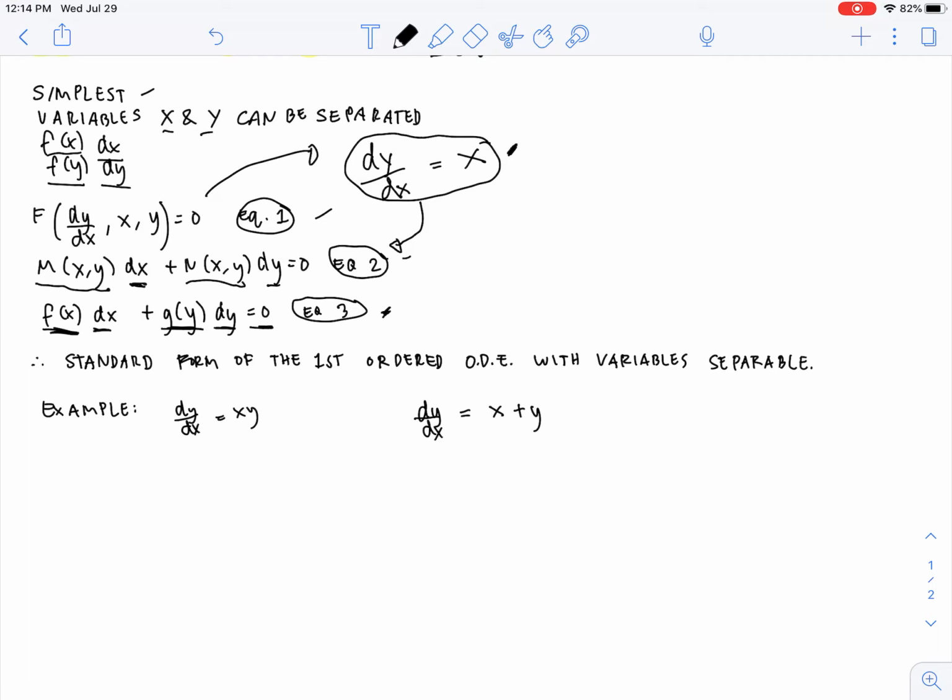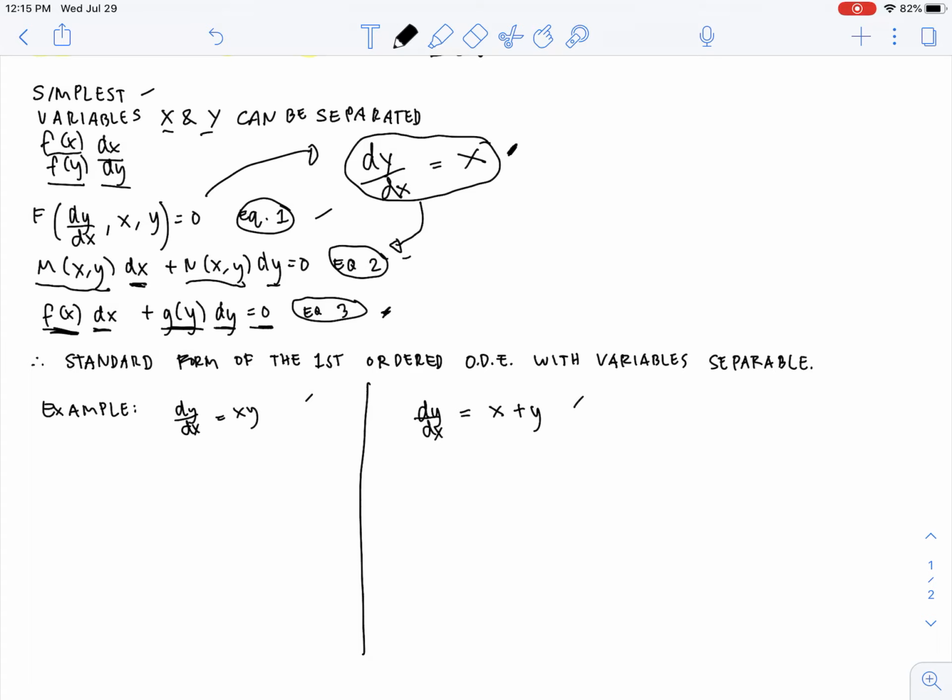Okay, so we have two examples here. Let us check if the first and the second examples are separable. For the first example, first we make it into equation number 2, using algebraic manipulation.